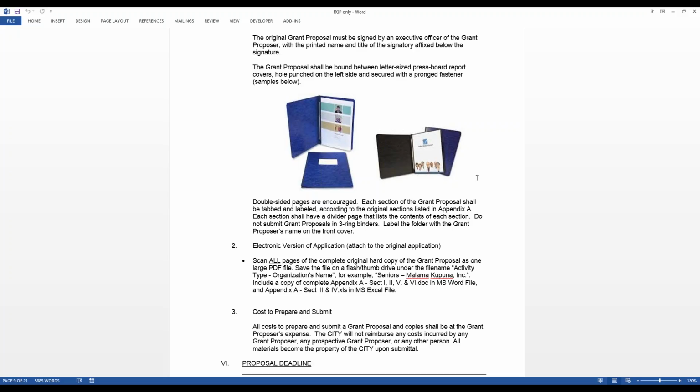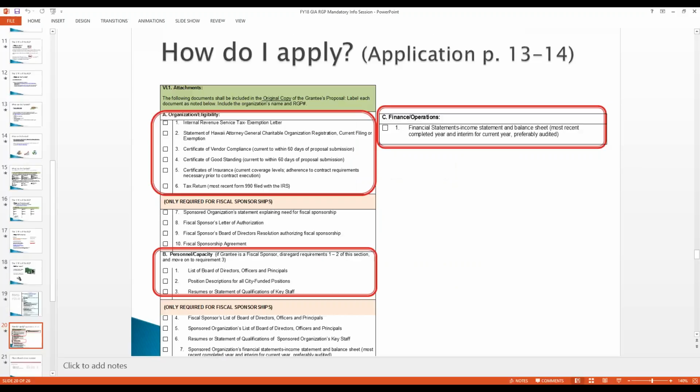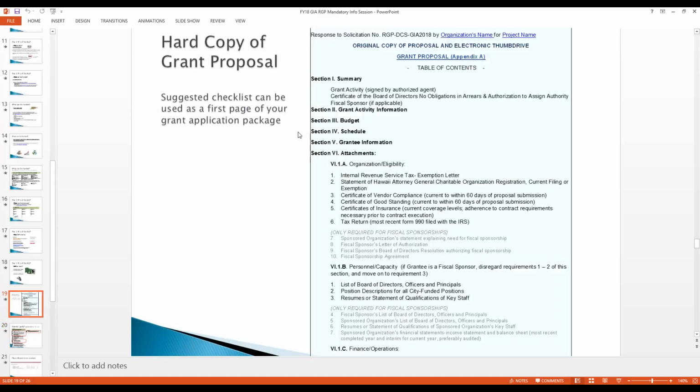So let me refer to one other slide that I have here, and actually I emailed you this attachment. It's a Word document, just one page. It's a checklist that I created that can help you in assembling your application.